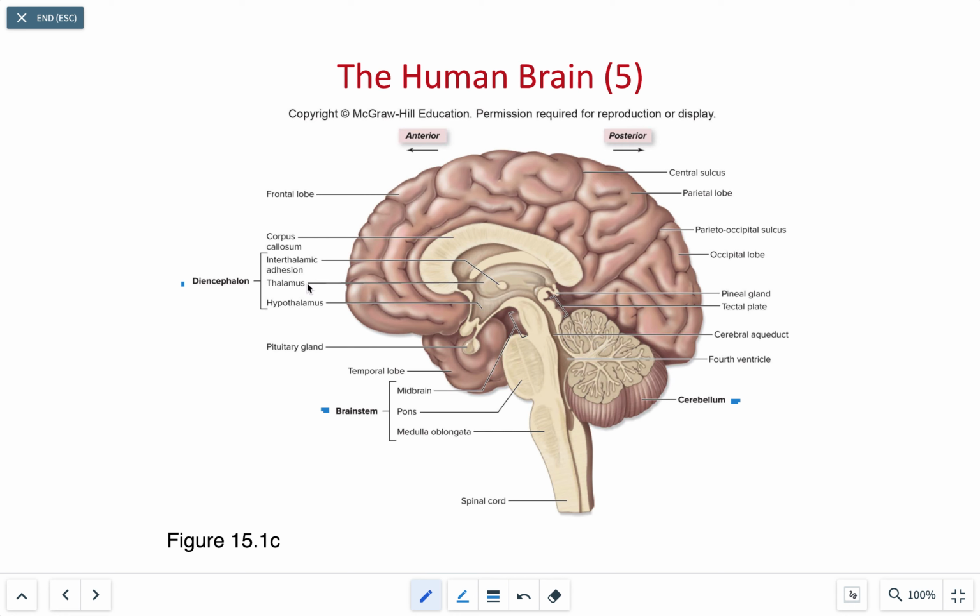The thalamus is important for sending sensory information to particular regions of the parietal lobe, and receiving motor commands and processing them to send them through the spinal cord. The hypothalamus is also part of the diencephalon, and it's important for the initiation of hormone production.